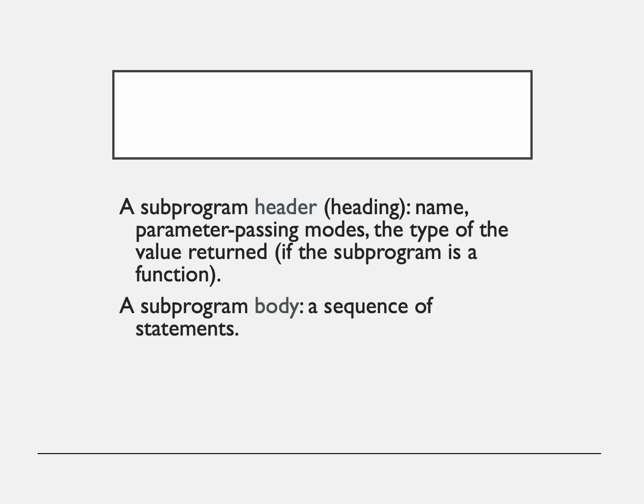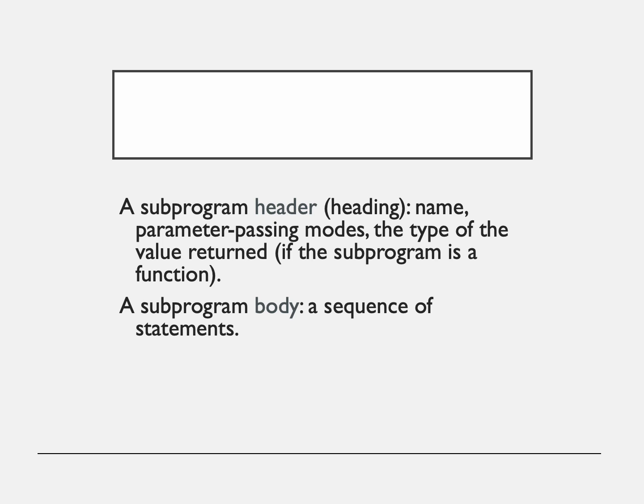Okay, now the subprogram header, often called the heading, includes essential elements like the name of the subprogram, the parameter passing modes, and the type of value it returns, if it's a function. This header essentially acts as the definition or the signature of the subprogram, outlining what it expects as input and what it will provide as output.